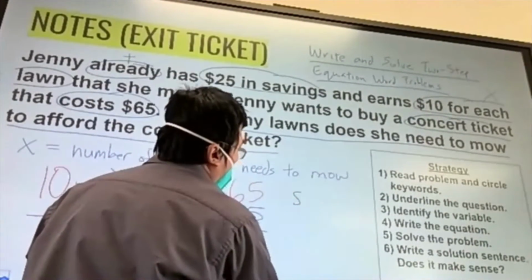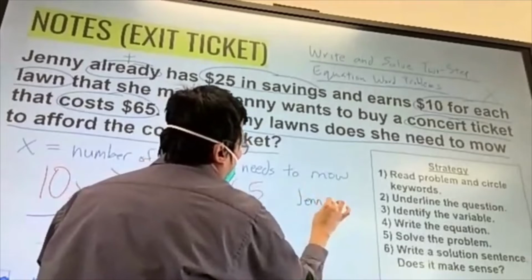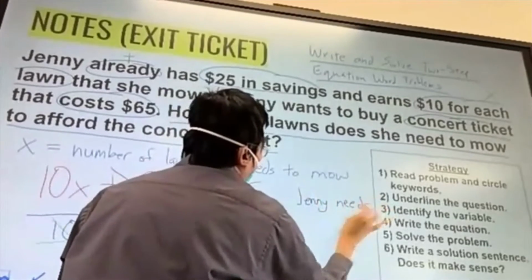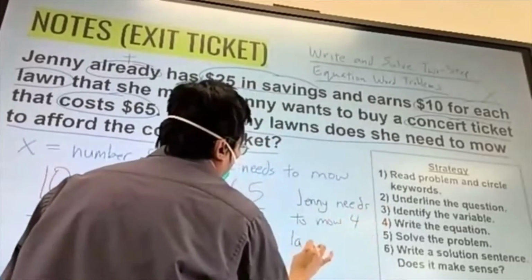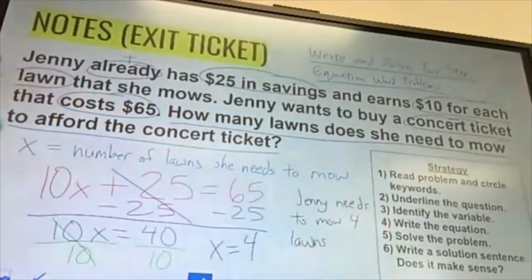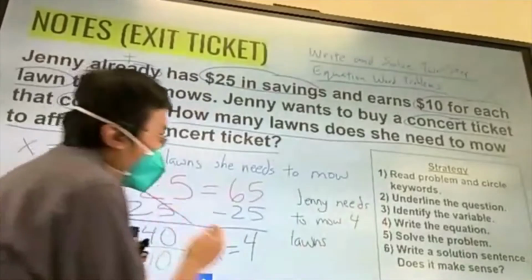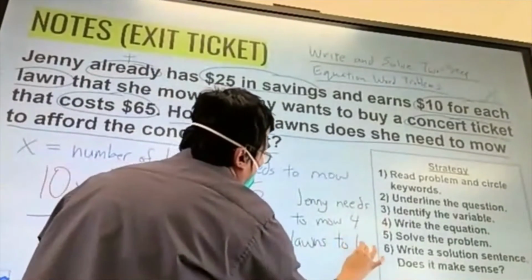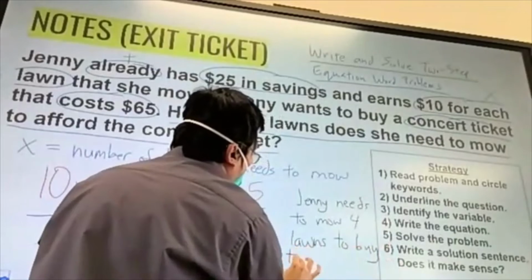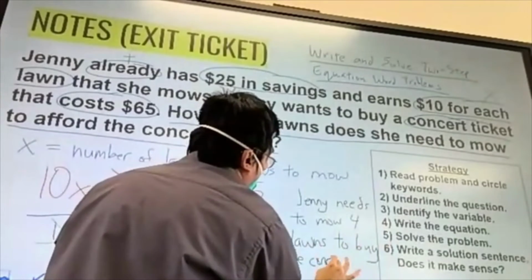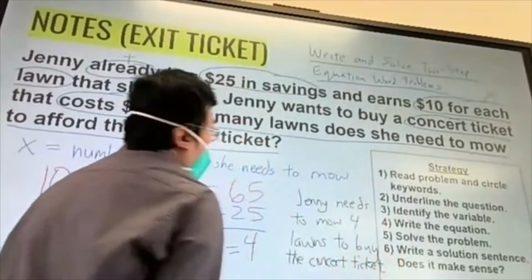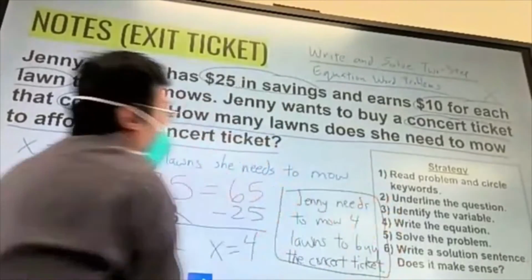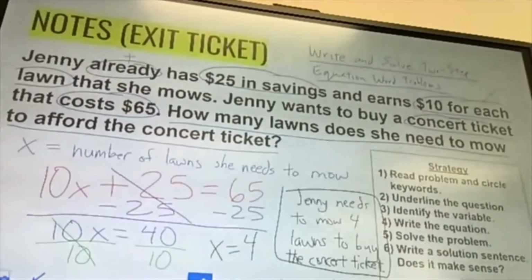Jenny needs to mow 4 lawns to buy the concert ticket.